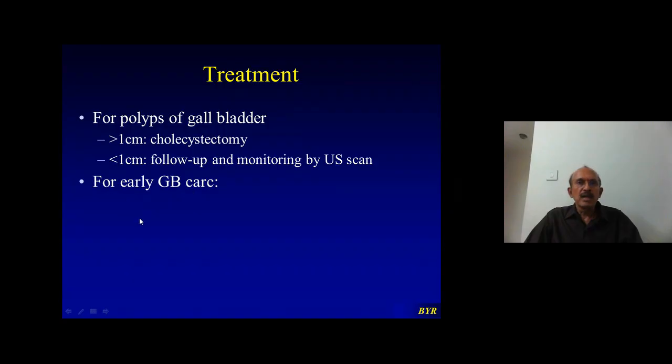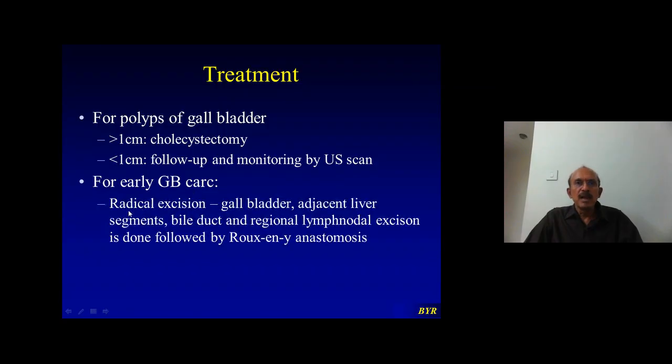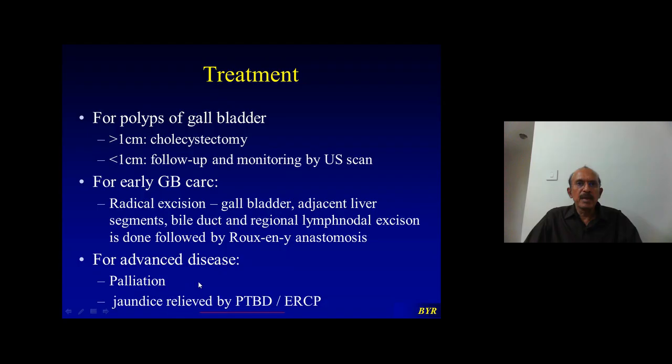For early gallbladder carcinoma, radical excision is done, that is the gallbladder, adjacent liver segments, bile duct, and regional lymph nodal excision, followed by Roux-en-Y anastomosis. For advanced disease, palliative treatment with chemotherapy. Jaundice is relieved by PTBD or by ERCP.